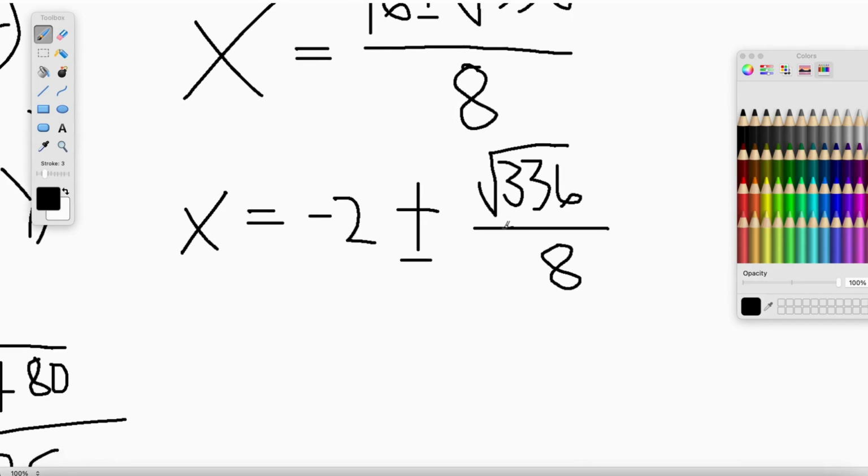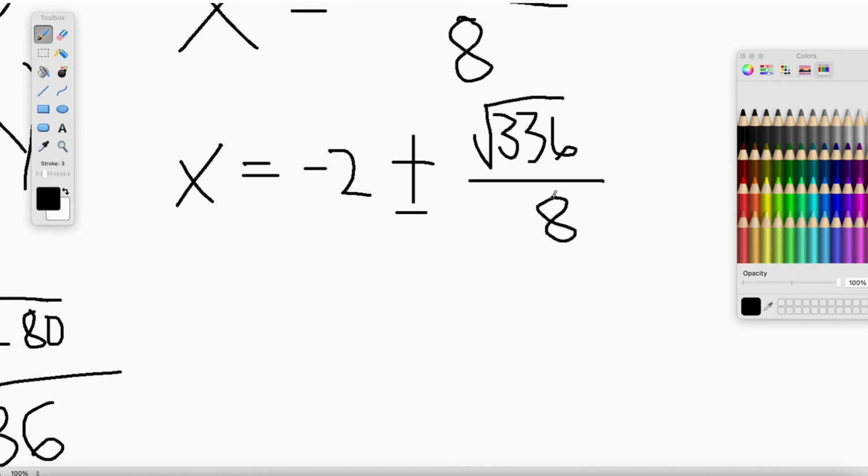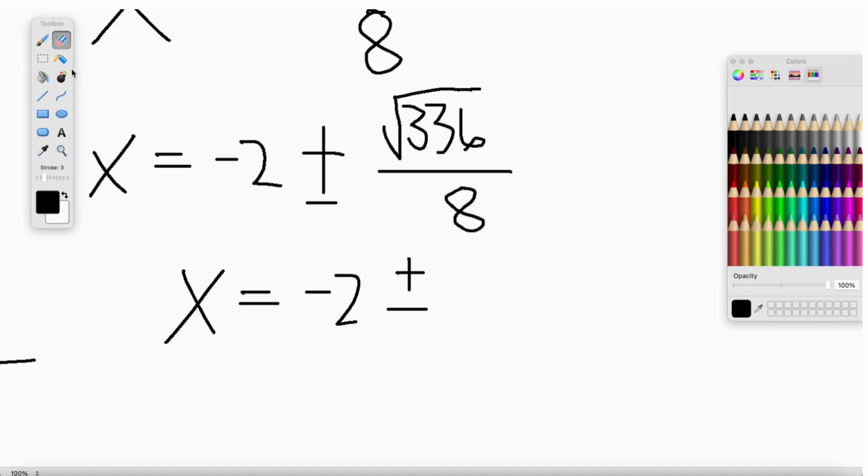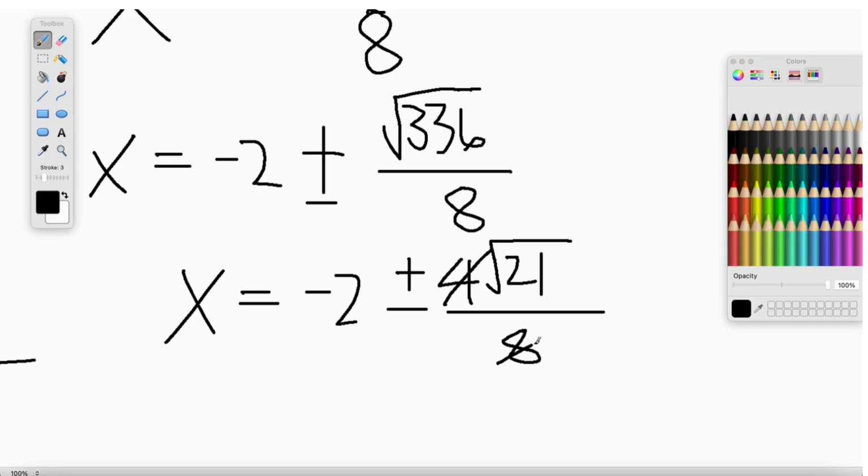So we want to simplify this one. Unfortunately, this doesn't seem like a perfect square, so we'll have to take the square root as much as we can. The greatest perfect square that can be divided from 336 is 16. So if we take that out, it will be 4 times the square root of 21, over 8. So that will be turned into that.